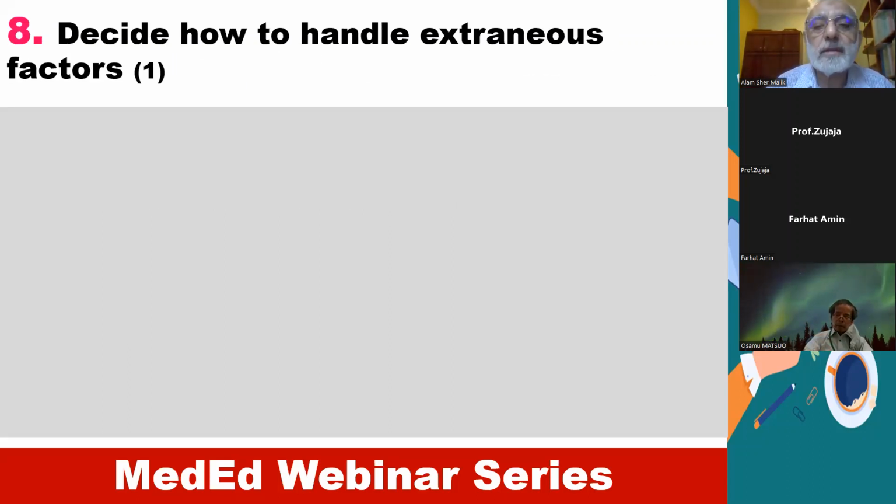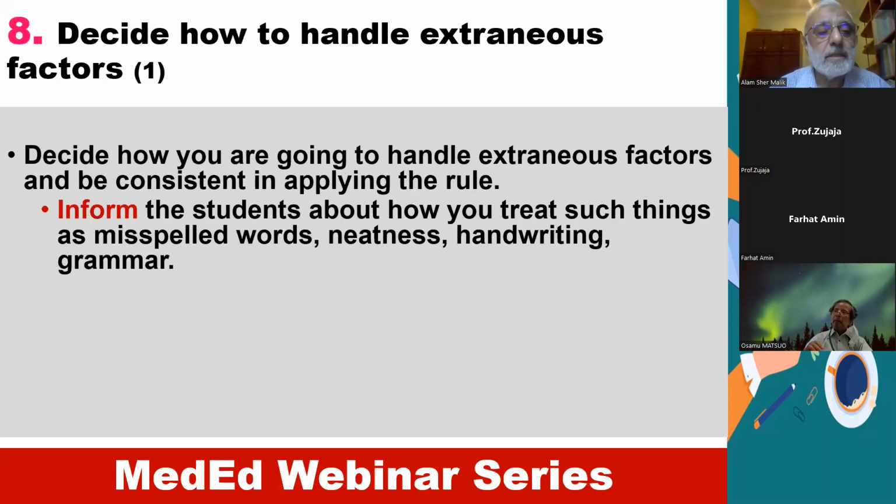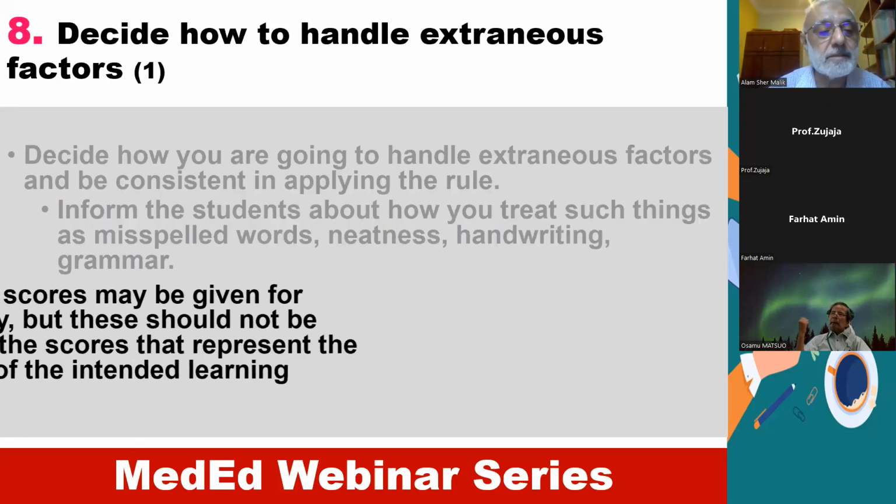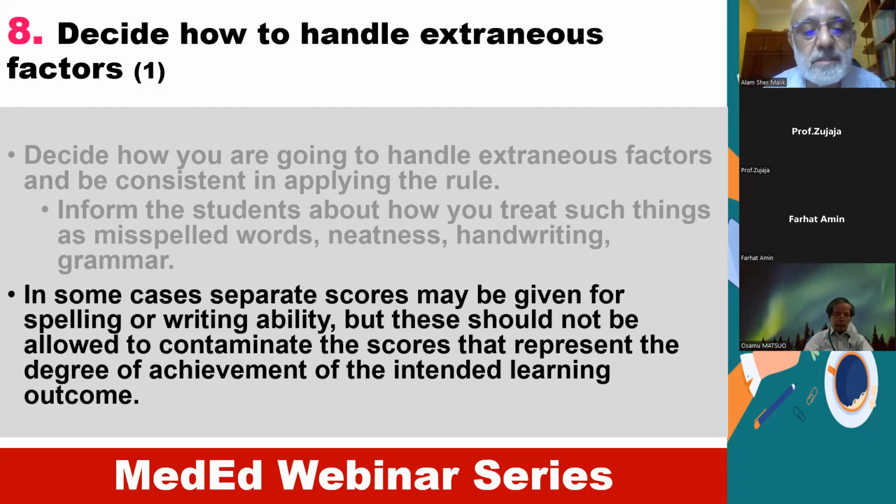Decide how to handle extraneous factors such as handwriting, neatness, spellings. It is advised that the student should be informed about the policy of the institution about handling such factors. In some cases, separate scores may be given for spelling or writing ability.